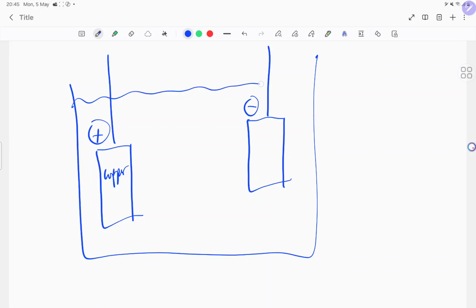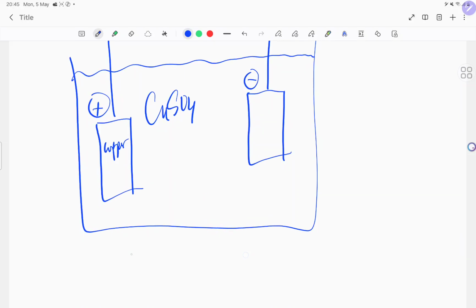And the solution here is the CuSO4 solution. This is the cathode, this is the anode, right? At the cathode, the Cu2 plus will be reduced to Cu. So there will be less Cu2 plus in the solution. The blue color starts to disappear.